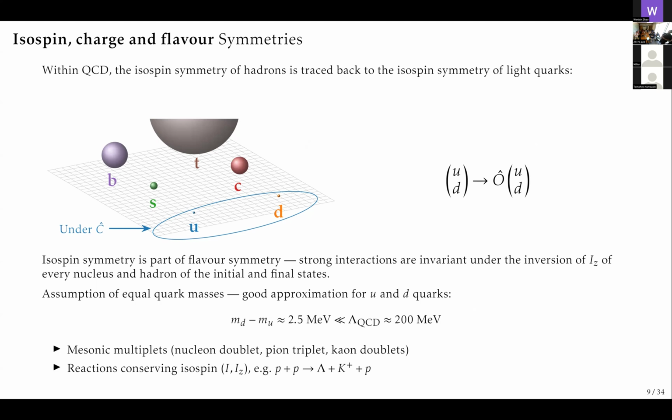And so we have very well known multiplets forming: nucleon doublet, pion triplet, kaon doublets, and we frequently talk about reactions conserving isospin, for example, a collision of protons going into lambda, K plus and proton. So it is a very well known topic.